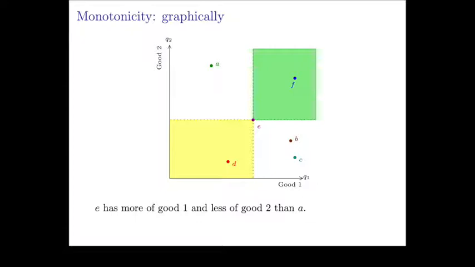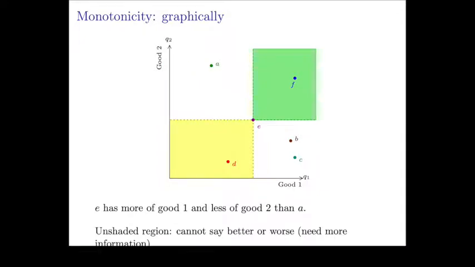Now what about this bundle A? A has this much more of good 2 than bundle E. However, E has this much more of good 1 than bundle A. So A may be better or worse than E, or you could be indifferent between them.